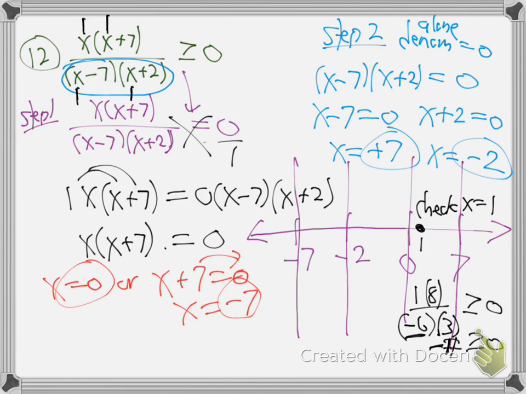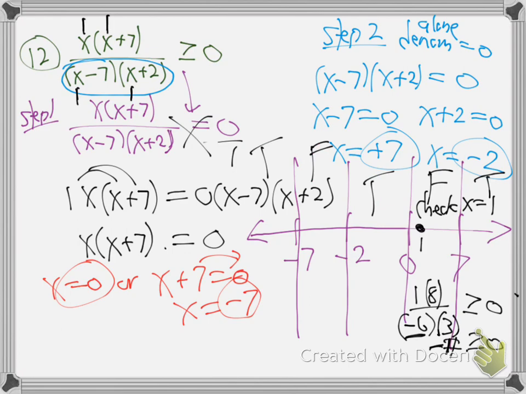No, it's negative. There's a false region. Many firsts in this problem. First time we couldn't check 0. First time we got a false. A negative number is not greater than 0. So that's false. That means this is true. True, false, true, false, true.